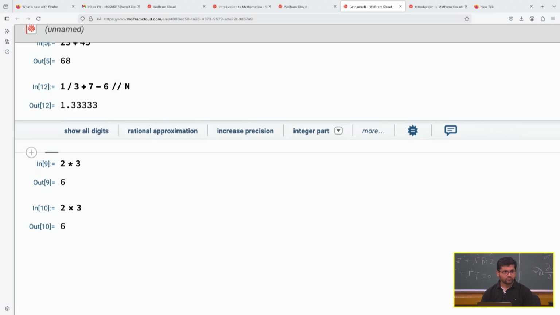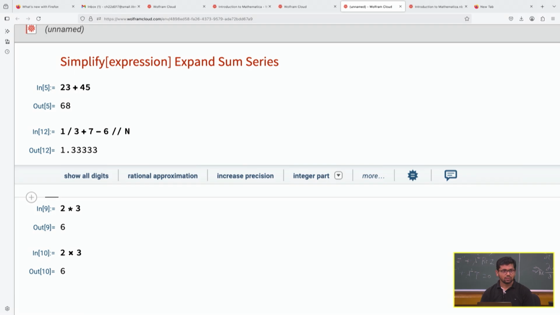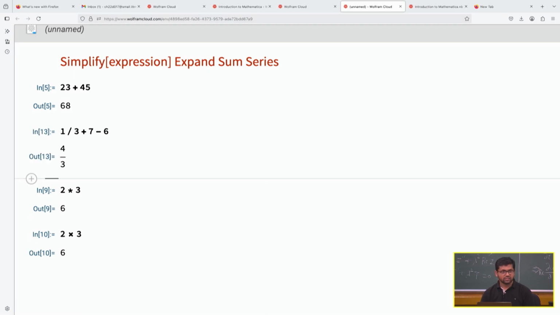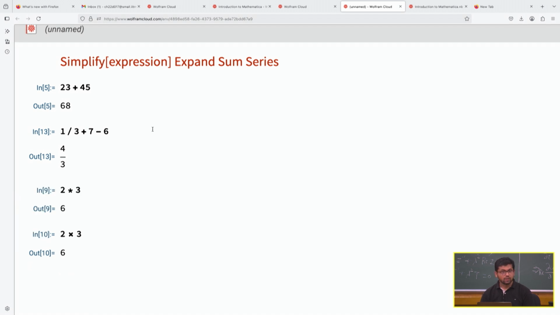Okay. You did not get it, Shivam? N is giving the numeric value. If you run it without N, it will give you 4 by 3. It is the exact number, but suppose I want the numeric value of that. I think you would not have executed it rightly.